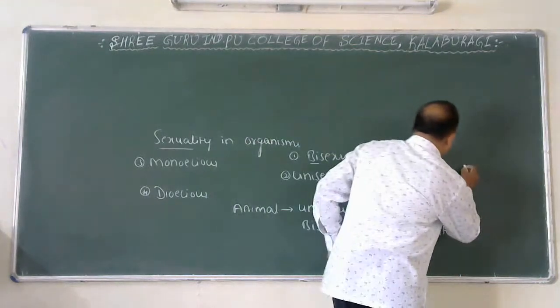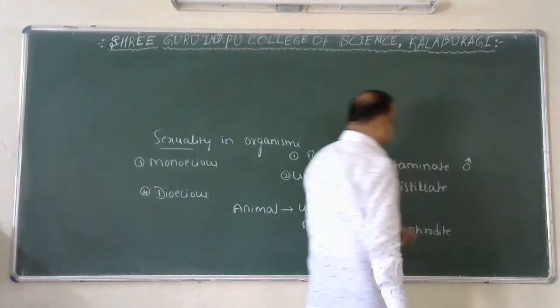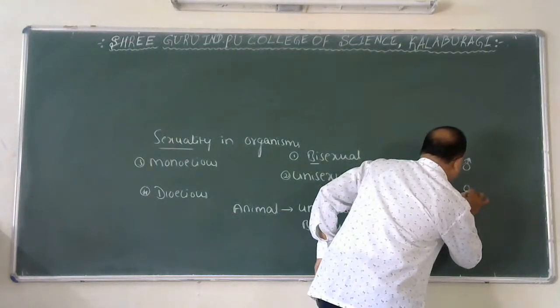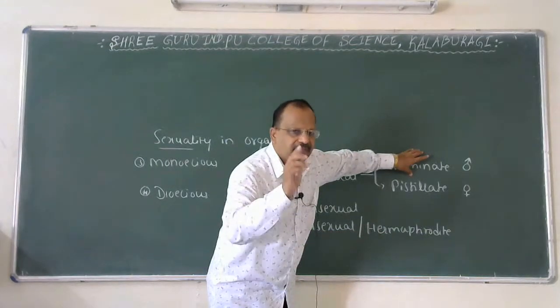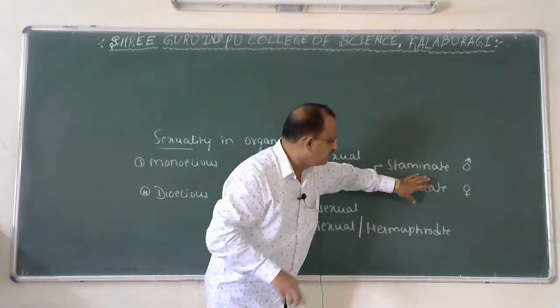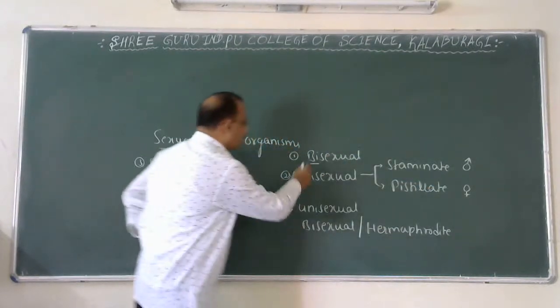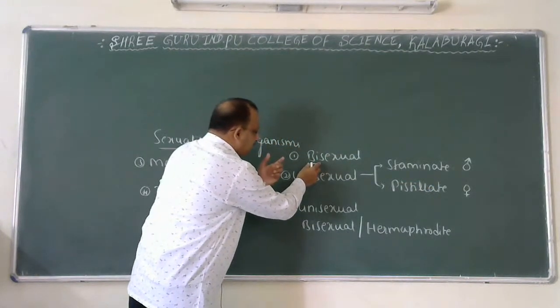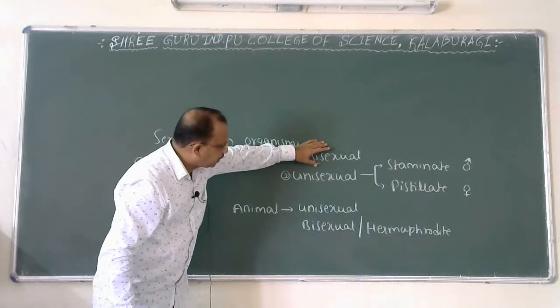Staminate means male flower. Pistillate means female. Staminate means it is having only androecium. Pistillate flower means it is having only gynoecium. When a flower is having both androecium and gynoecium, it is called bisexual.